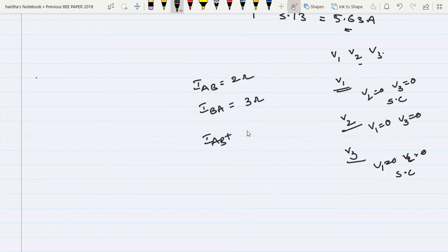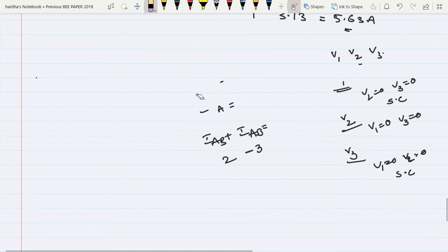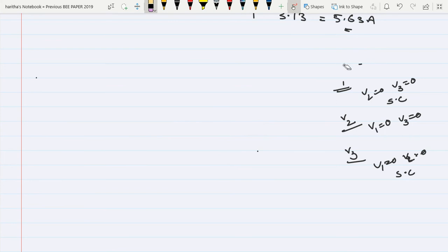I A to B plus, in the second case B to A, I have to change this direction to A to B. If you change it, it will become minus 3. So like this you have to do. So practice the superposition theorem and some other problems on it. In the next video I will continue with the remaining questions.